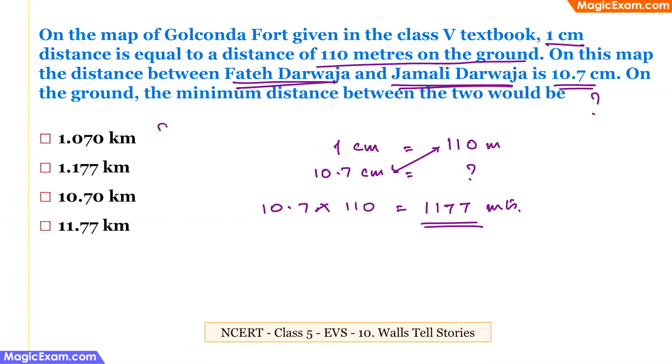But here, the answer choices are given in kilometers. Therefore, we just have to divide this 1177 by 1000 because 1 kilometer is 1000 meters. So, when we divide it by 1000, we will get 1.177 kilometers. So, the correct answer here is 1.177 kilometers.